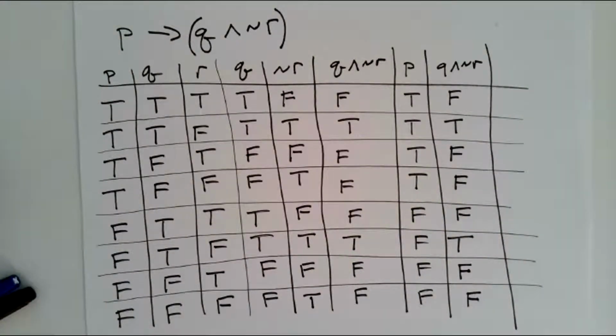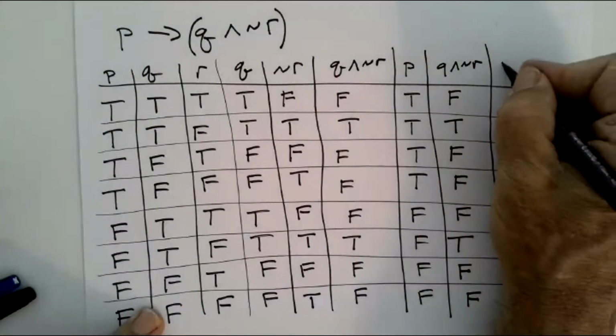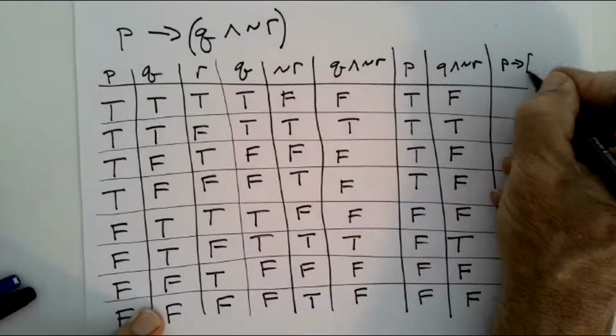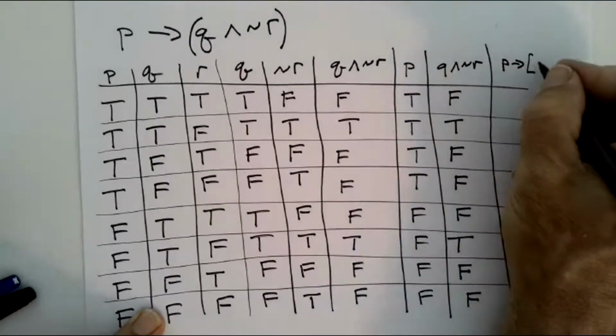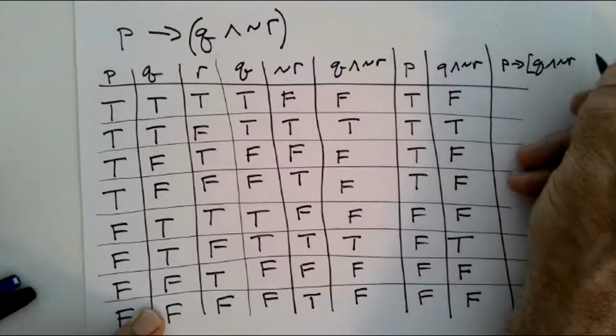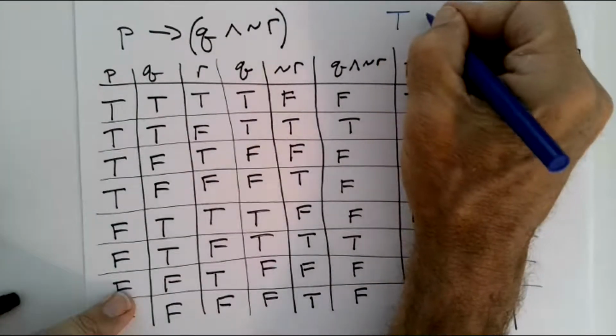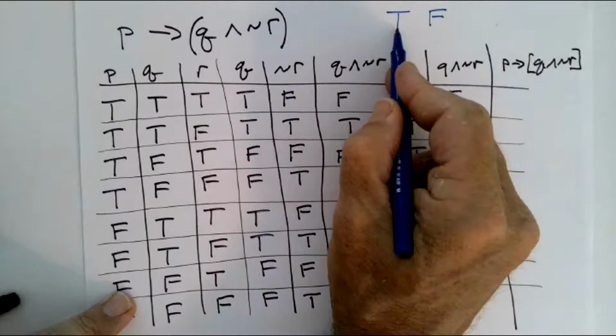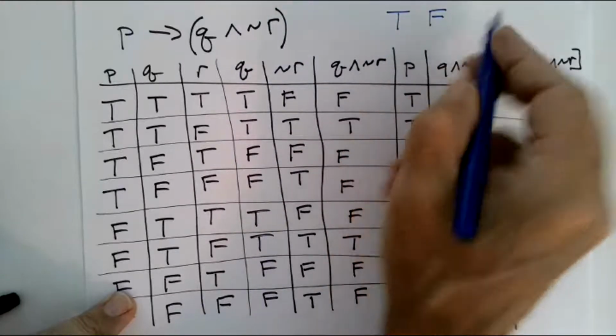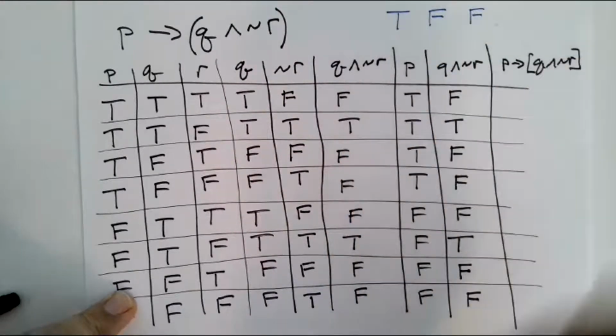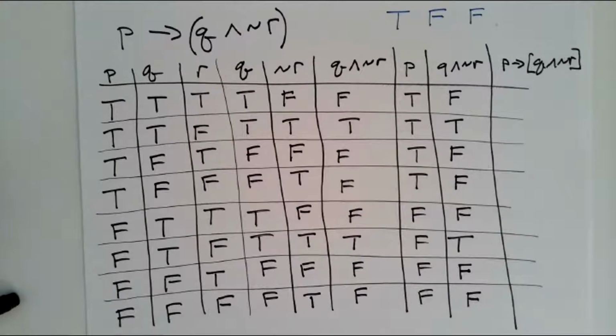So what do we know about implication? I want P implies Q and not R. Remember that TF, if the first statement is true and the second statement is false, if the first thing happened, it did, but the second one didn't, that yields an F. So where do I have TFs?